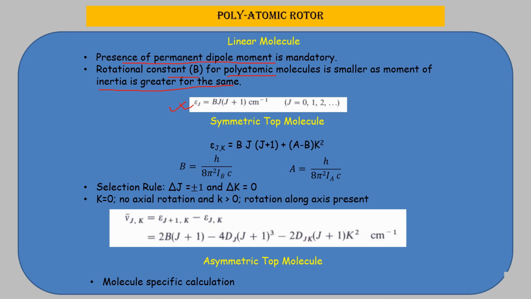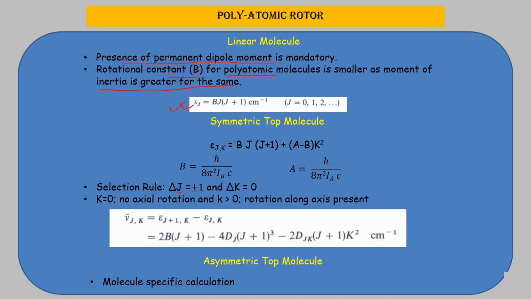The next one is the symmetric top molecule, where we know that IB equals IC and IA is not equal to 0. Thus, two rotational constants are available in this equation. One is J with respect to IB or IC, and one is K with respect to IA.